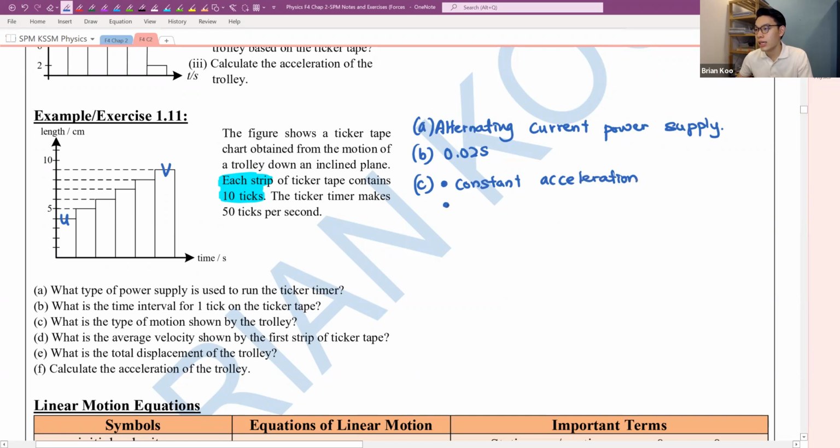Okay, you can say velocity increases uniformly. Okay, increase at constant rate, all those, up to you. I write one for acceleration and one for velocity. Either one, either one.